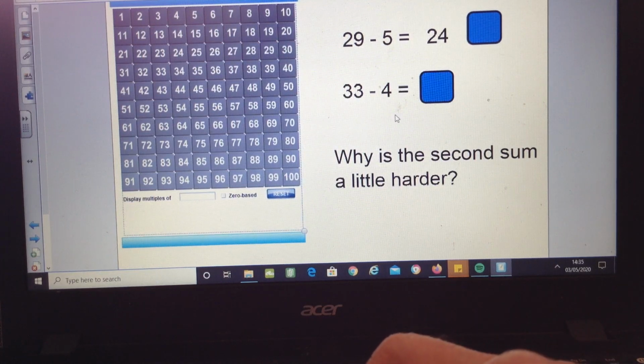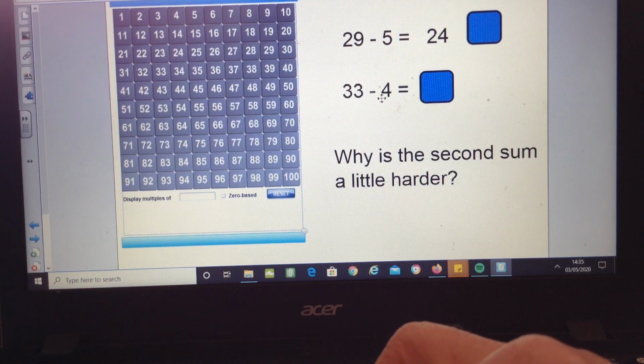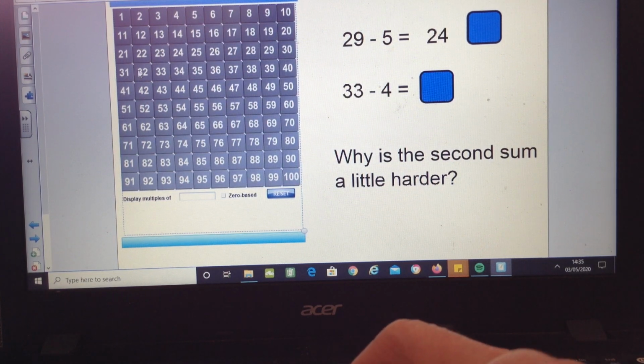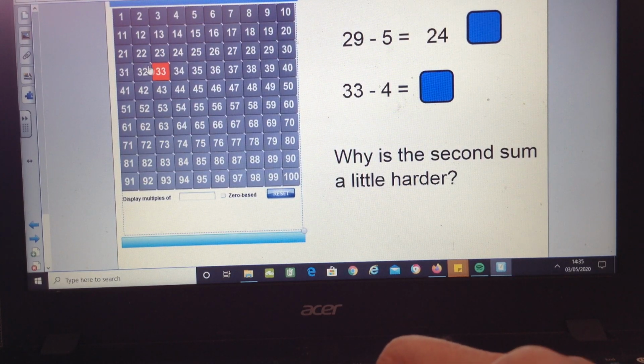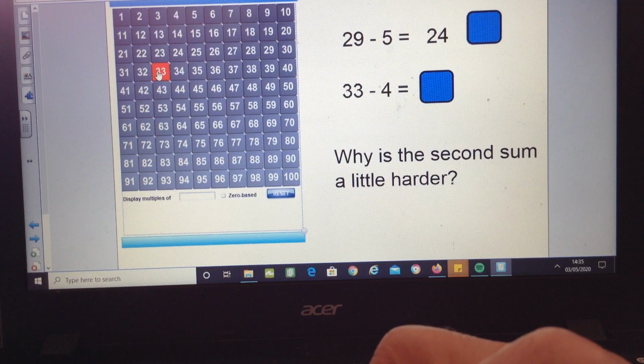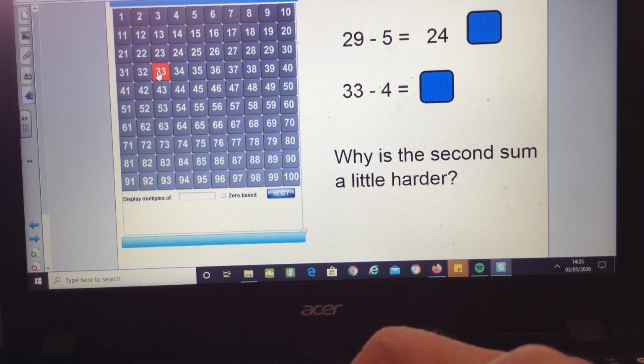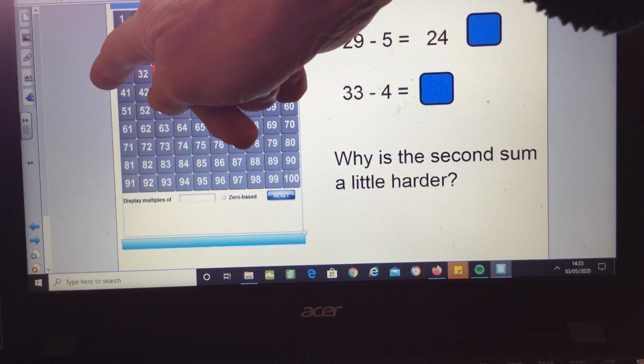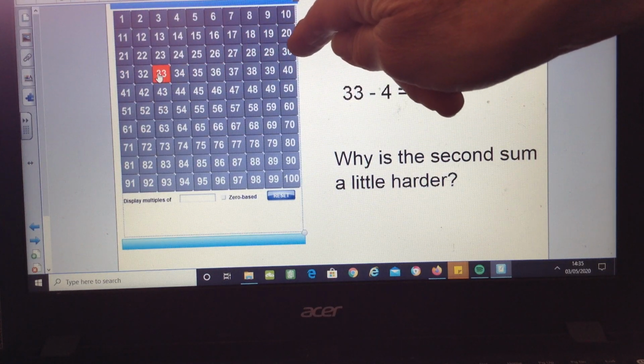Okay, now the next one is 33 take away 4. Why is this second sum a little bit harder? Well, if we think about where 33 is, we're going to run out of squares if we just carry on going backwards. And this is where it's tricky. You've just got to make sure that when you get to that 31, you go to the number before, to 30.